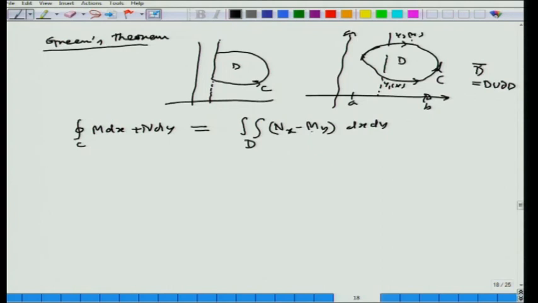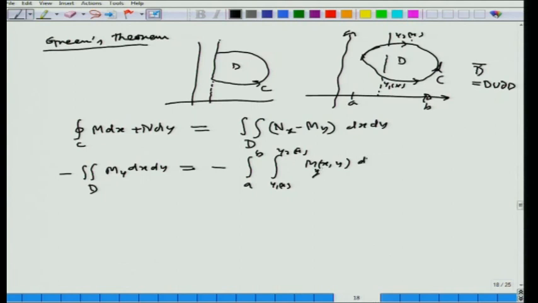Then the integral of minus M_y dx dy can be written as the iterated integral from a to b, and y1(x) to y2(x), of the partial derivative of M with respect to y, first dy and then dx.